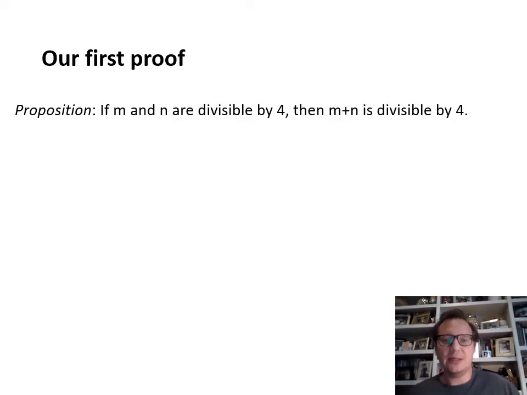Okay, so let's now try to do this together. So what are the facts we know from our hypothesis? We know that m and n are divisible by 4.